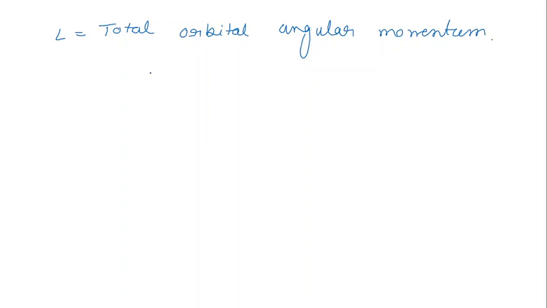Okay. Now I am writing what the terms are. L is the total orbital angular momentum. S is the total spin angular momentum. And J equals the total, meaning L plus S to L minus S. So here we have to calculate.